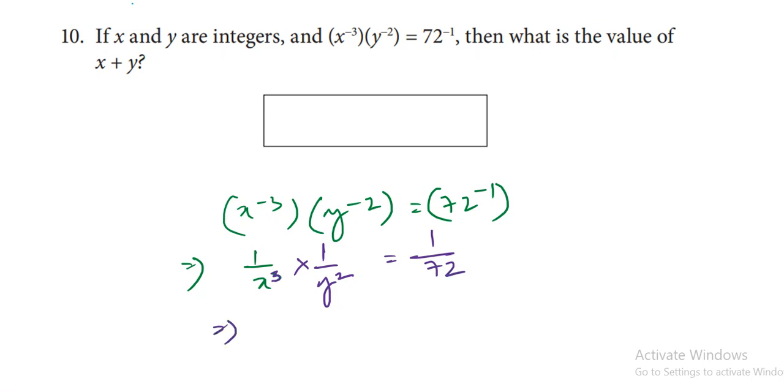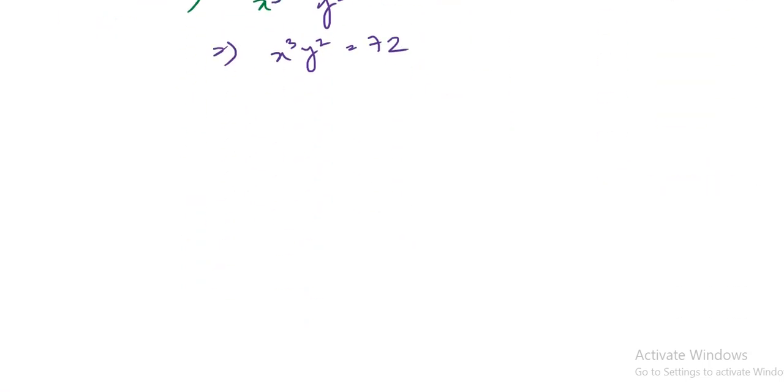If we cross multiply, x cube into y square equals 72. If we factorize 72, it is 3 into 3 into 2 into 2 into 2, so 72 can be written as 2 cube into 3 square.